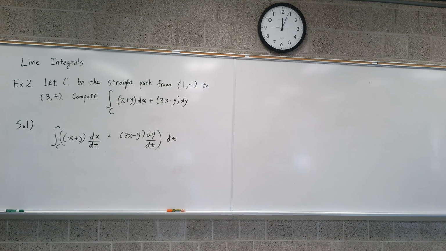Now what does that mean? That means that this right here is the vector field F(x,y), and this one here is dr/dt. Okay, so this is just another way of writing down F dot dr. It's just a little harder to understand what's going on because it means this.